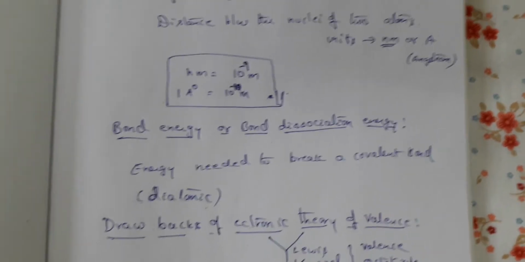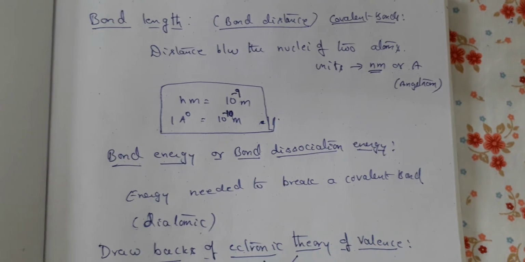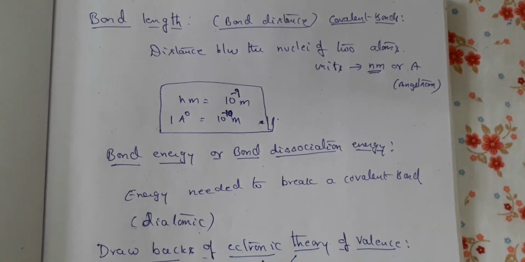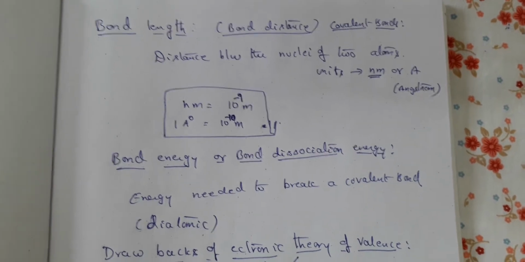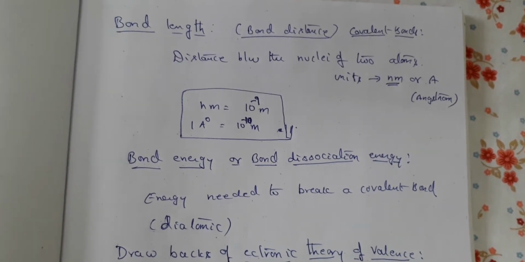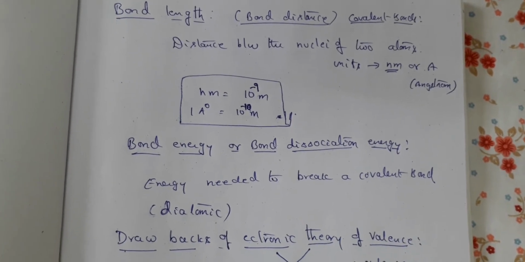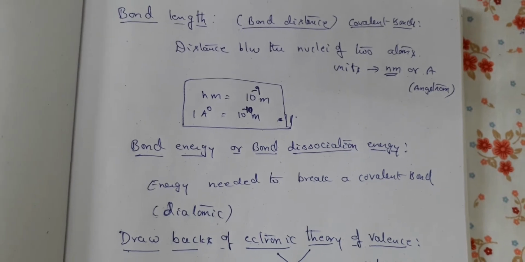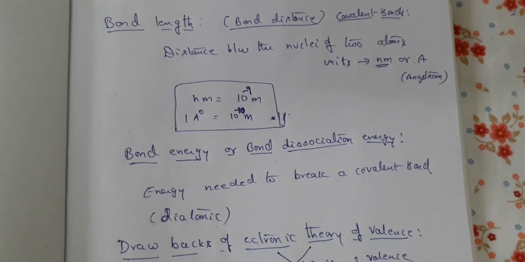Okay, children. So we have now discussed the bond which is formed between two atoms by only sharing electrons and not by the transfer of electrons. That is a covalent bond. And there is a distance between the nuclei of the molecule which is formed because of the covalent bond. That is called the bond length or the bond distance.